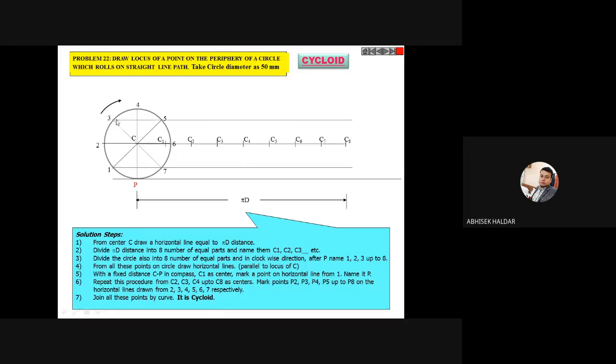Similarly from point 3, which will pass through 5 and will run up to pi d length. From point 4 also you have to draw a horizontal line exactly like this up to the pi d length. Up to this, any doubt? No, sir.